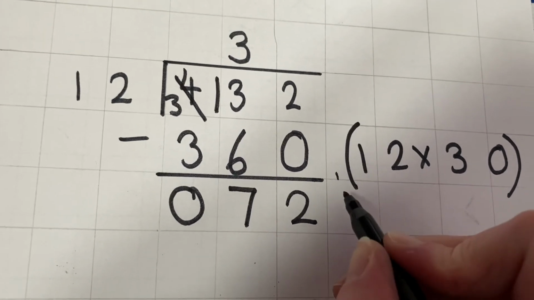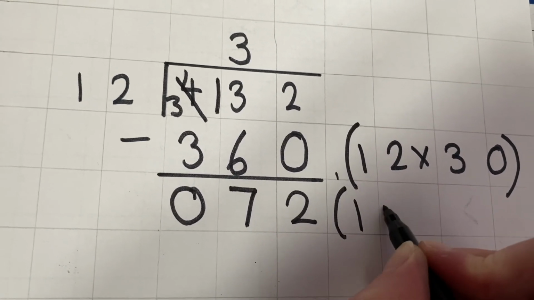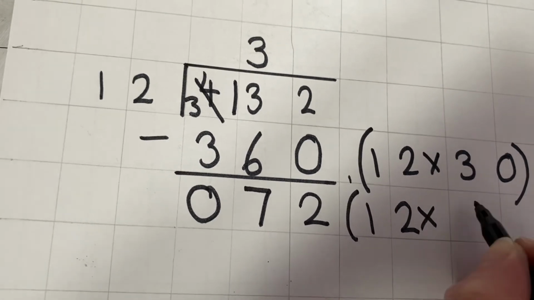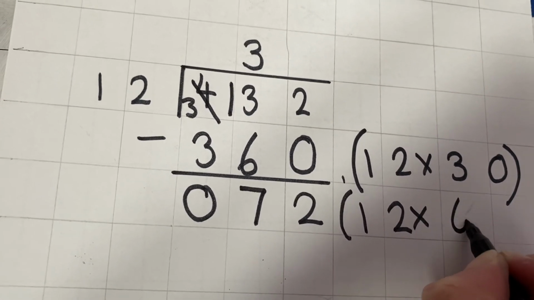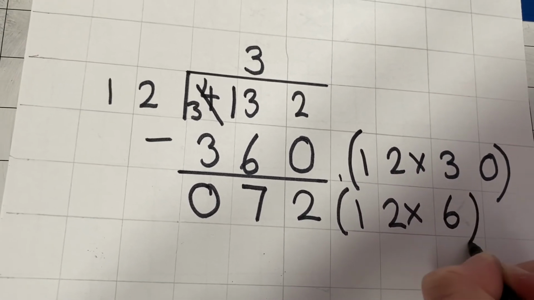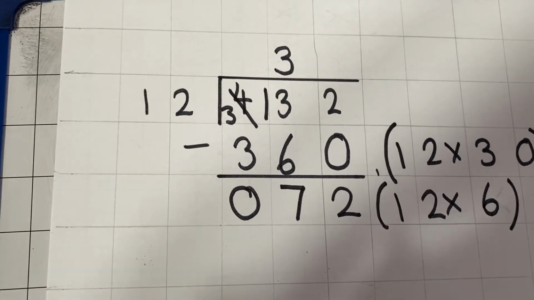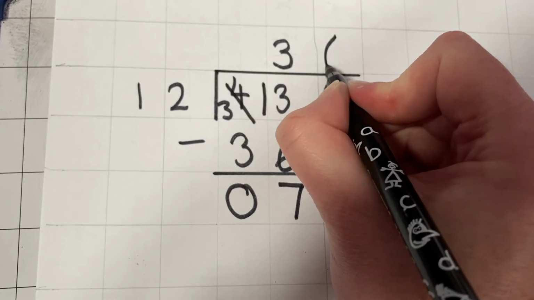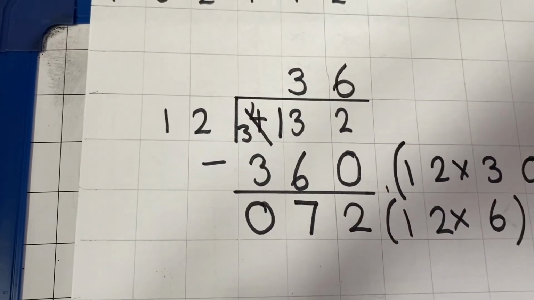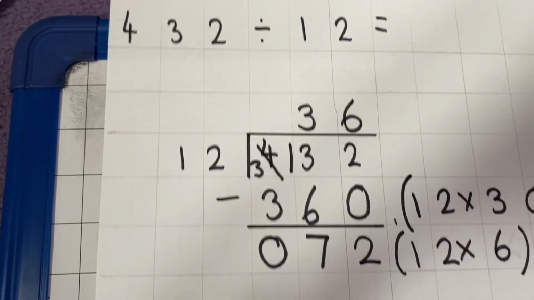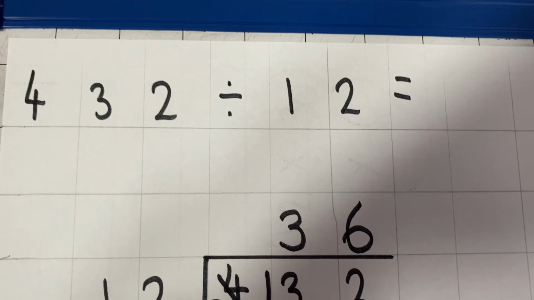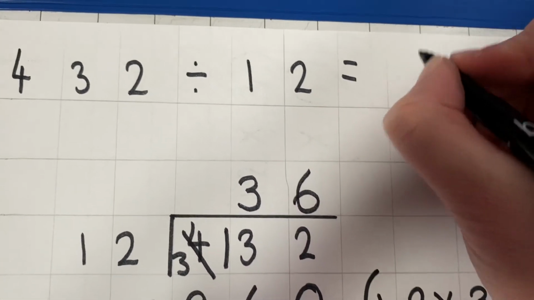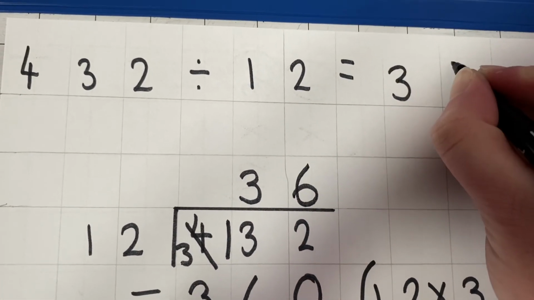Now, of course, we know that 12 times 6 is 72. Therefore, my answer is 6. And here I have my answer. So 432 divided by 12 is 36.